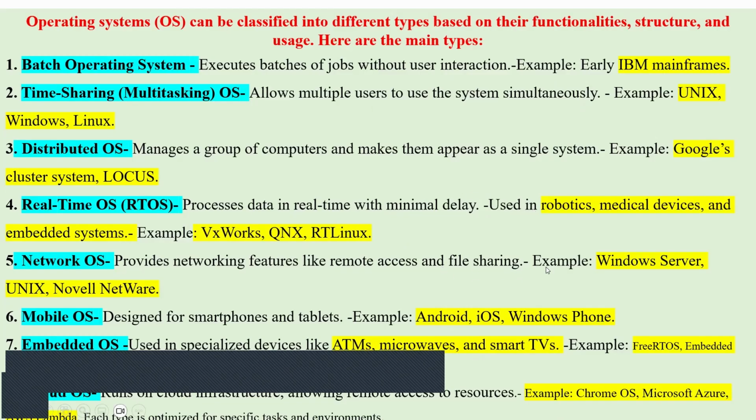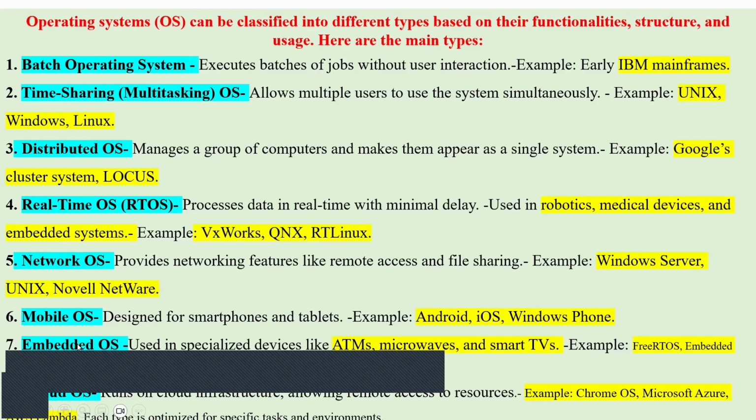The fifth category is the network operating system, which provides networking features such as remote access and file sharing. Examples include Windows Server, Unix, and Novell NetWare. The sixth category is designed specifically for smartphones and tablets. Popular examples are Android, iOS, and Windows Phone.